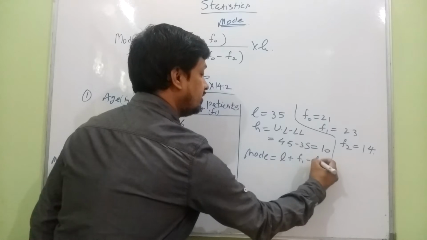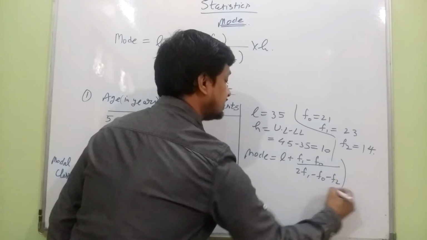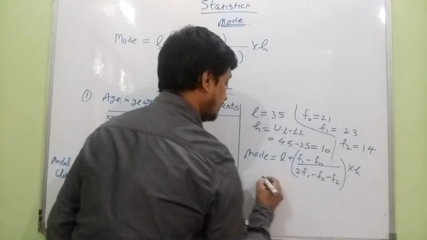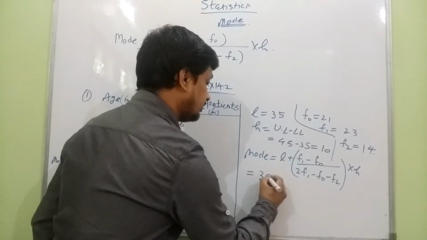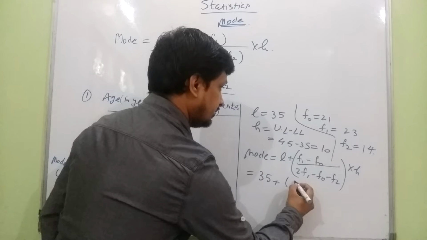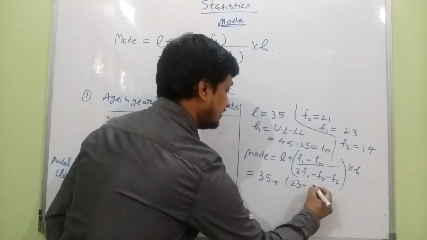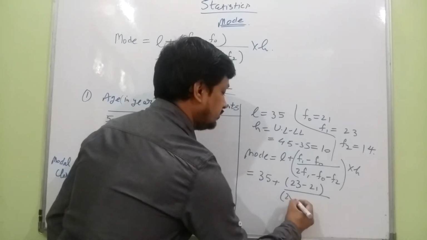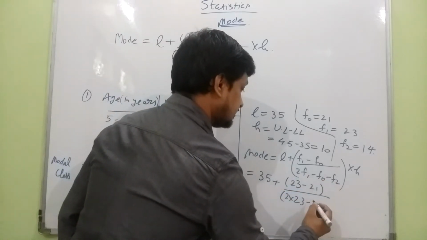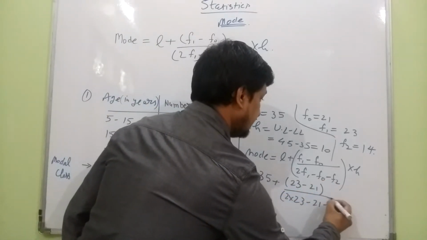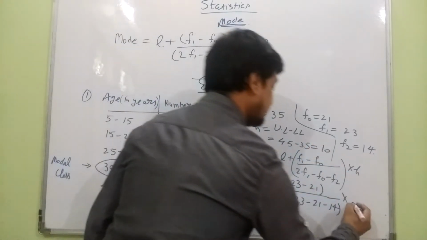L plus (F1 minus F0) upon (2F1 minus F0 minus F2) into H. So L is 35, the lower limit of the modal class, and F1 is 23 minus F0 is 21 upon 2 into F1 minus F0 minus F2 into H. So what is H? H is 10.